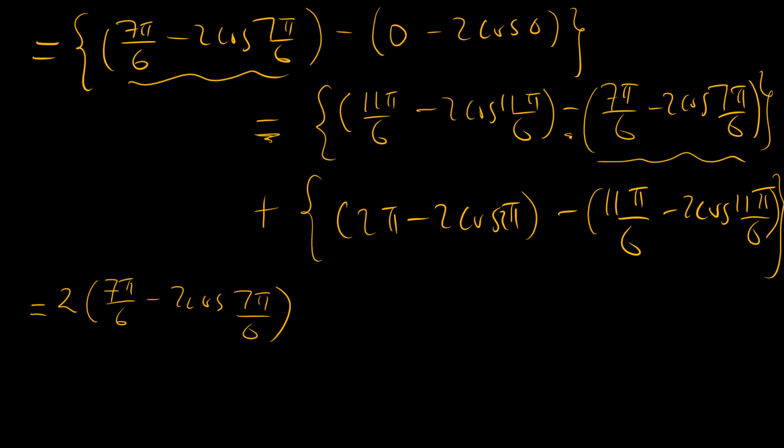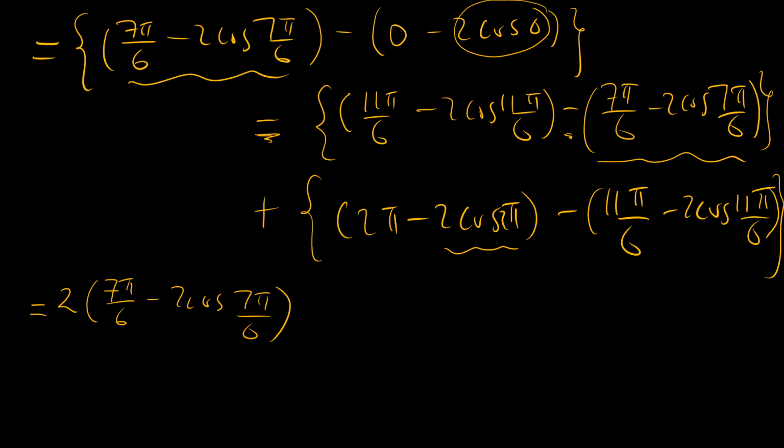Now we see that this cosine 0, negative and negative here, then with this cosine 2 pi can interact with one another in a way.